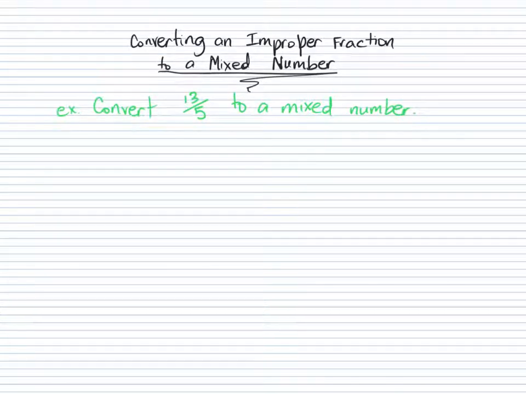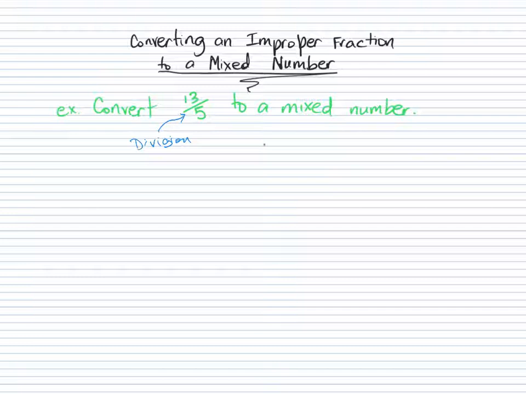Okay, so now we are ready to convert an improper fraction back to a mixed number. So oftentimes you will see a question, you work it out, you'll get an answer as an improper fraction, and you have to then convert it back to a mixed number to give your final answer. Here is how. All right, so recognizing that the fraction bar means division, we have to divide 13 by 5.